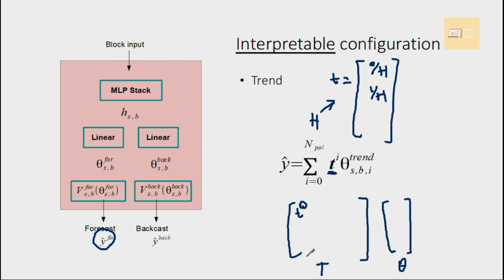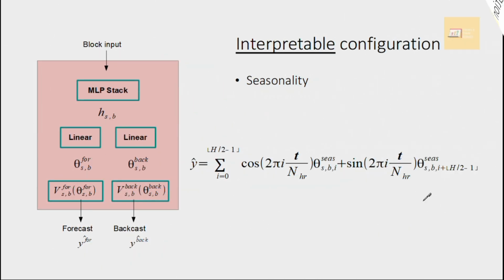On the second column, it will be just t, because it's t to the power of 1. And then for the third column, it's t squared, so each element in that vector gets squared, and so on, until the maximum polynomial degree.